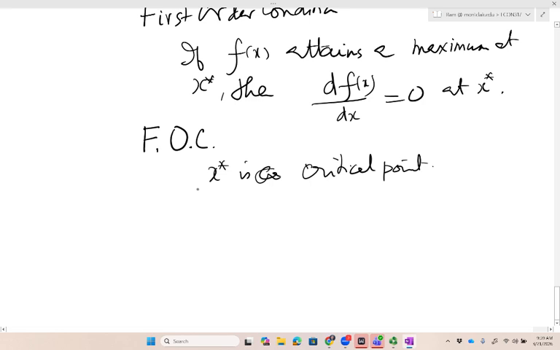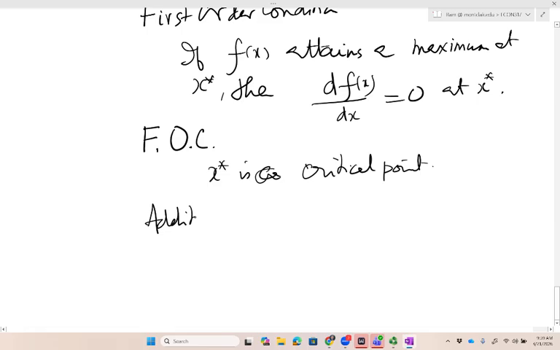And this condition itself is not sufficient in the sense that some of these points could turn out to be an inflection point. So for that, additional tests will be required.